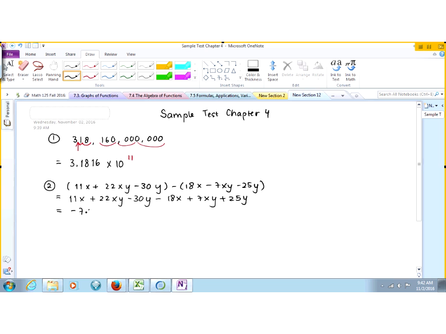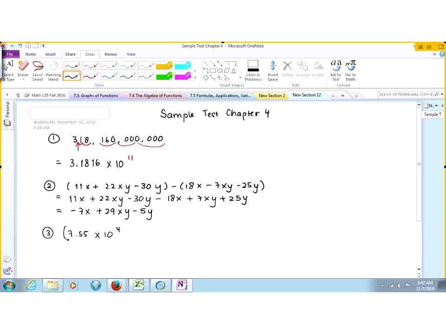Like terms: 11x minus 18x is negative 7x, then plus 29xy minus 5y. Finish. Can we do anything else? No. Good.